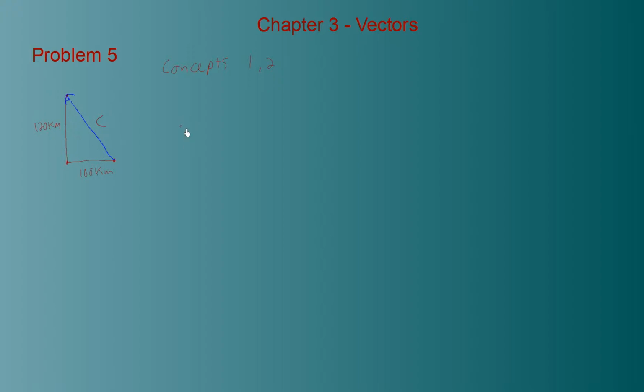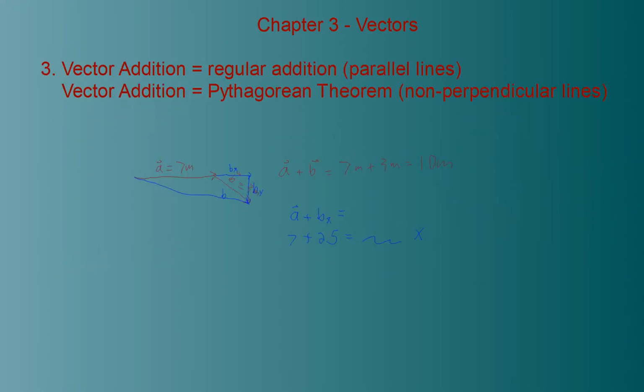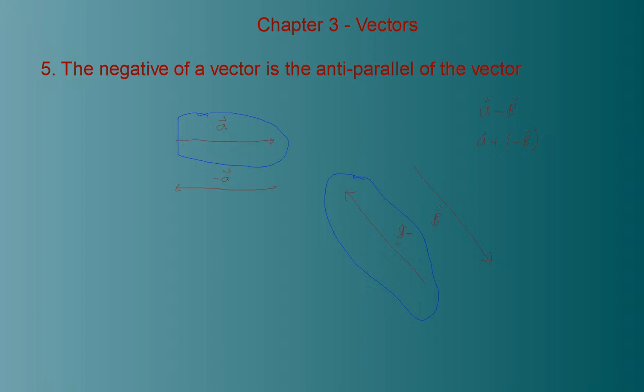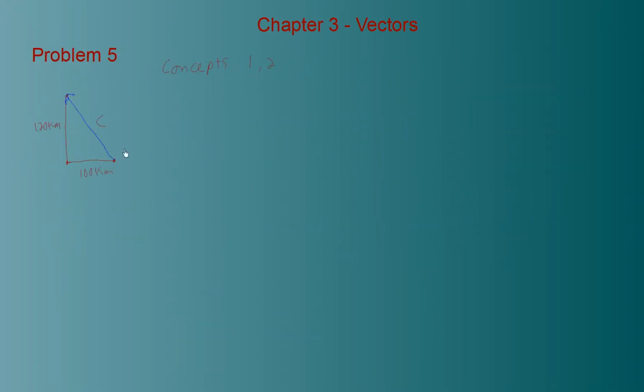We can use the Pythagorean theorem, and to me that's kind of concept 1. It's also actually concept 2. The hypotenuse of the triangle is the magnitude, and to find the hypotenuse you use the Pythagorean theorem. But SOHCAHTOA and those are all kind of related in some sense, so we'll say that that's concept 1.5.